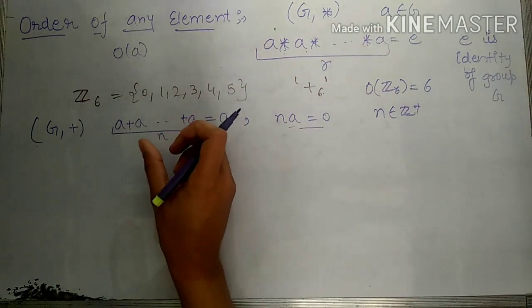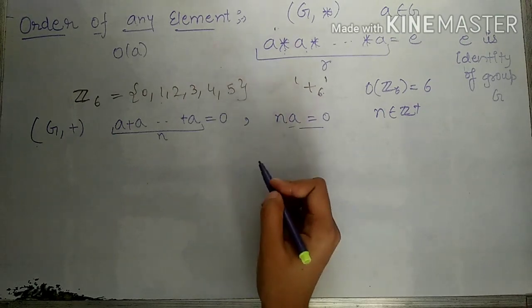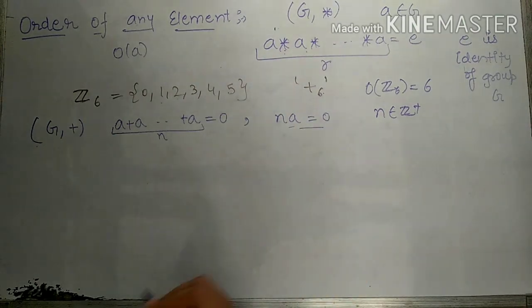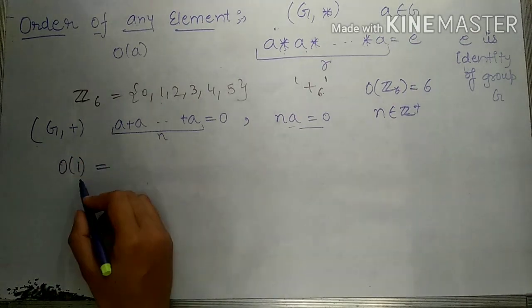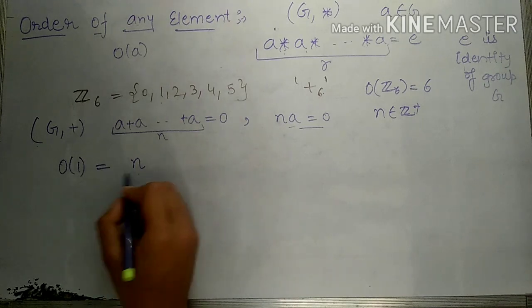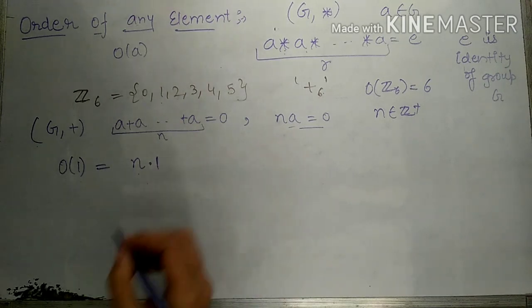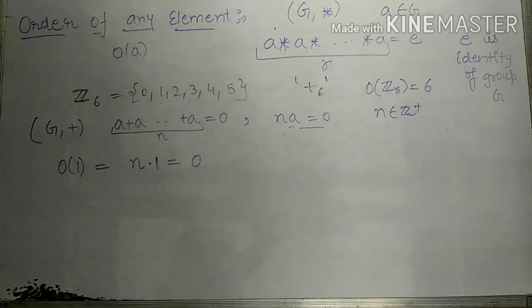So here, instead of adding 1 six times, we will multiply 6 with 1. That is, the order of 1 will be equal to the least positive integer n such that when I multiply n with 1, it should be equal to 0 of the set Z6.